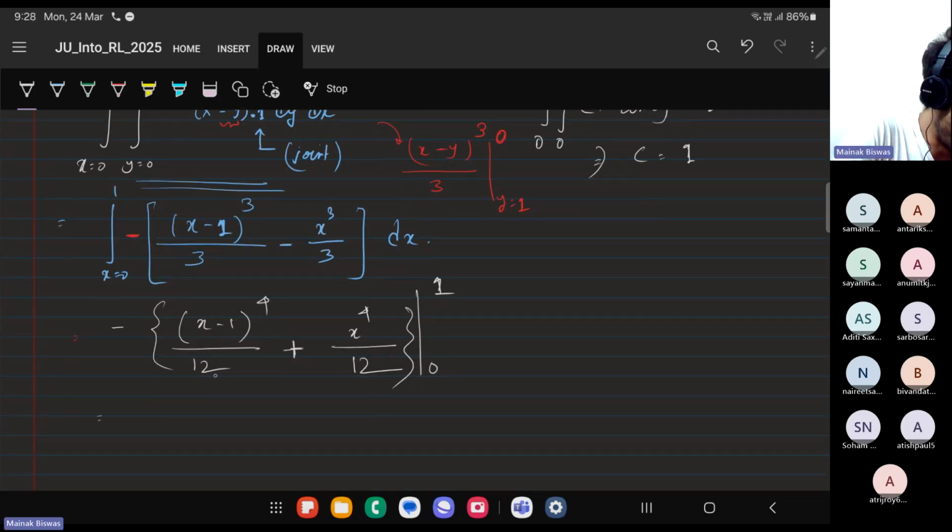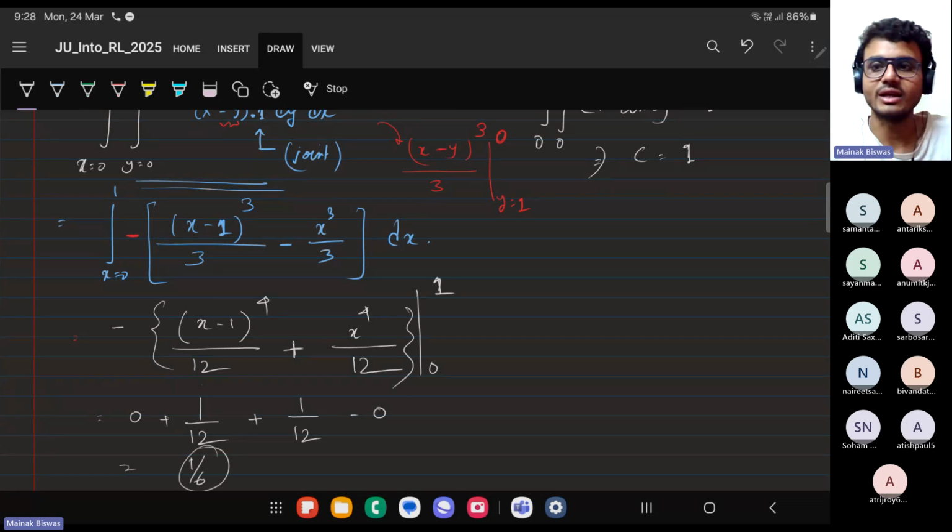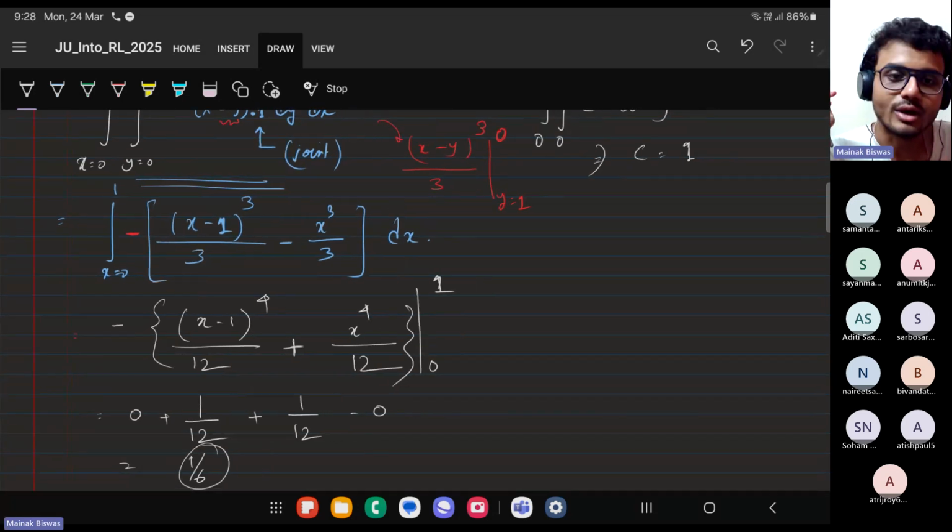I'll put the value of 1, and this goes to 0, it goes to 1 by 12 plus 1 by 12 minus 0. This is 1 by 6. Fine, the calculation is fine. The expected value of (x minus y) squared is just 1 by 6 over here.